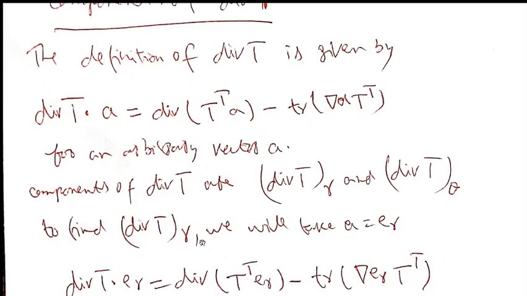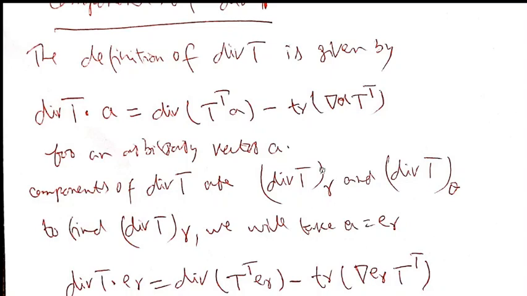Now to find the r component in similar fashion: if you have vector v and you have to find the first component v1 of that vector, then you simply take the dot product of that vector with e1, v dot e1 equals v1.